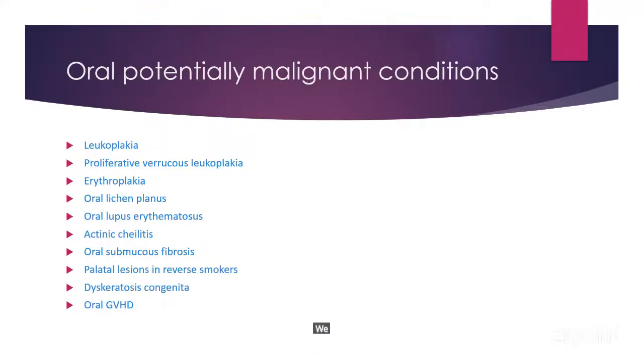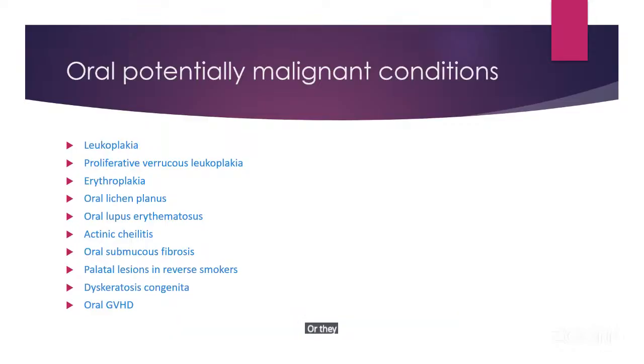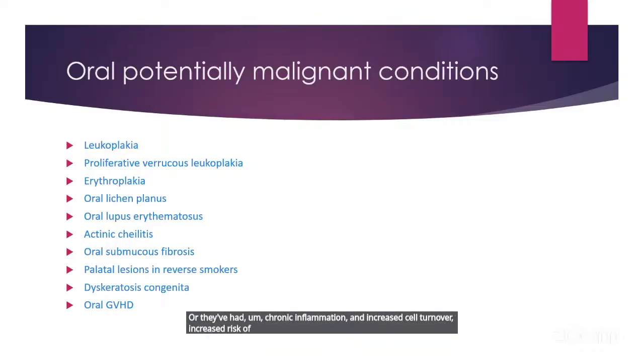We said anything that's more red, i.e. erythroplakia or erythroleukoplakia, will have higher risk of becoming cancer at some point, because likelihood is that the skin is either thinner or they've had chronic inflammation, and increased cell turnover, increased risk of mutations, increased risk of the screening system for these lagging and causing a cancer.